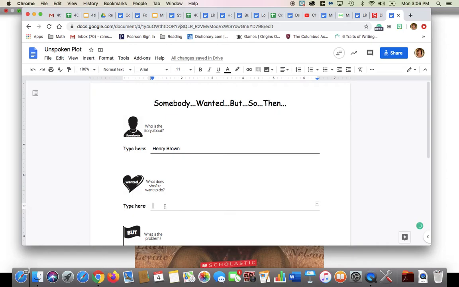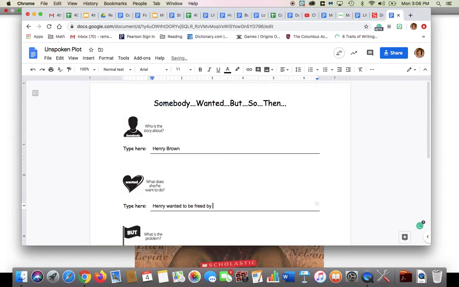And my next step is, what did Henry Brown want? What did he want to do? And if you remember in the story, Henry wanted to be freed by his owner, who was very ill.